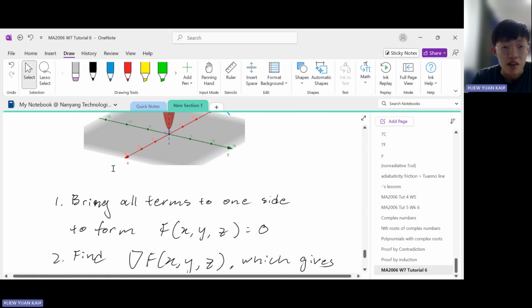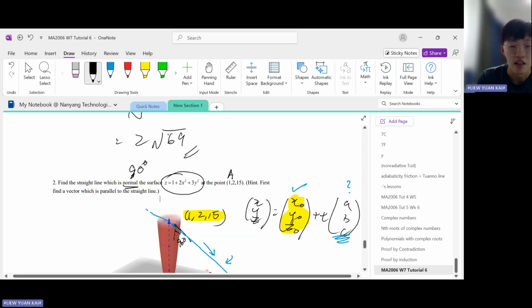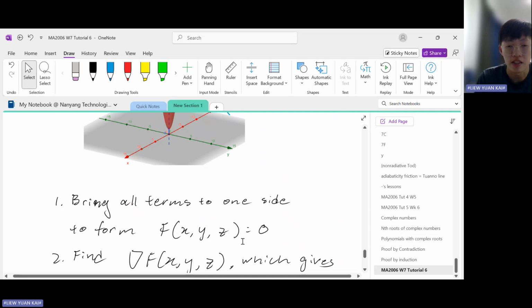First of all, you're given an equation of a surface. Okay, in this question, the equation of the surface is this one. You need to bring all the terms to one side. So one side will be 0, and another side will be a function of x, y, z. Okay, don't worry, I will go through this and it'll be clear what this means soon.